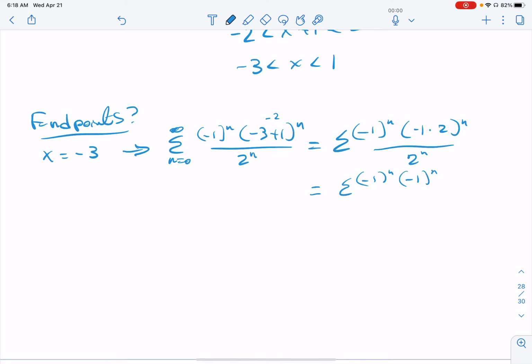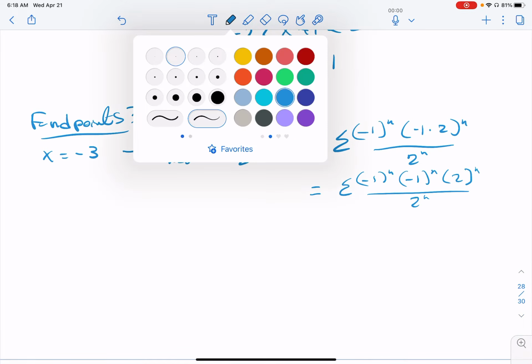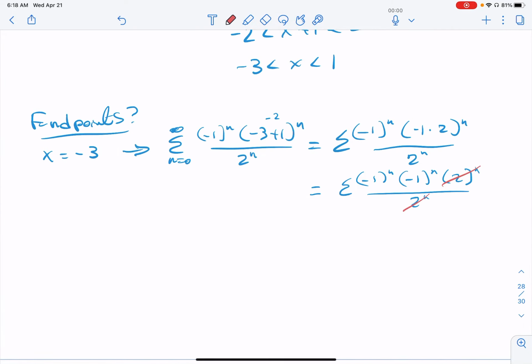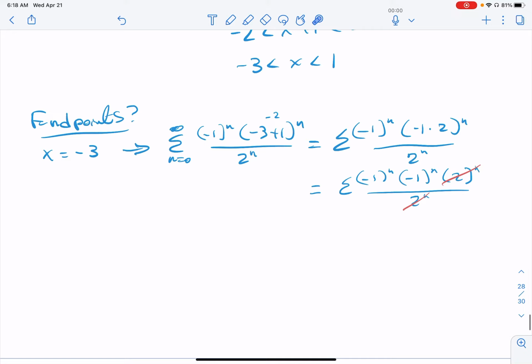Guess what? Look what happens here. Cancel, cancel. And then you can combine these two things here. That makes negative 1 to the 2n power.